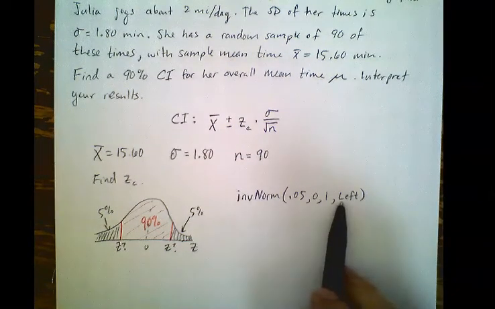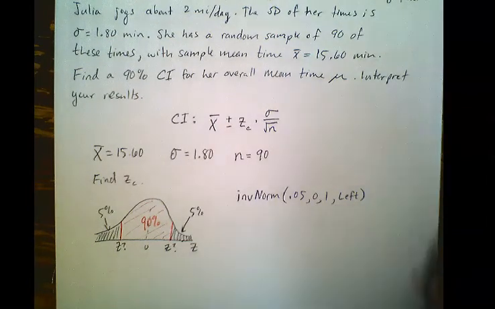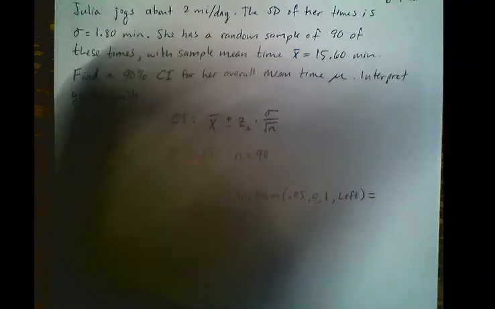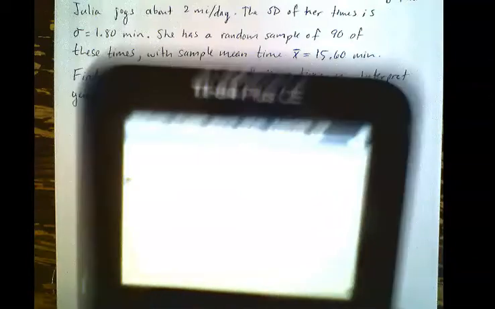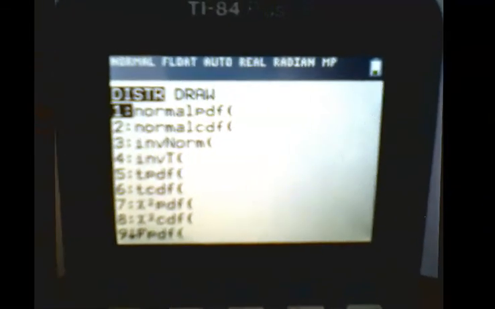Again, if you have an older calculator, you won't have this option. It will just give you the z-score for the left area. So let's see what we get there. Go to second distribution again, inverse norm.